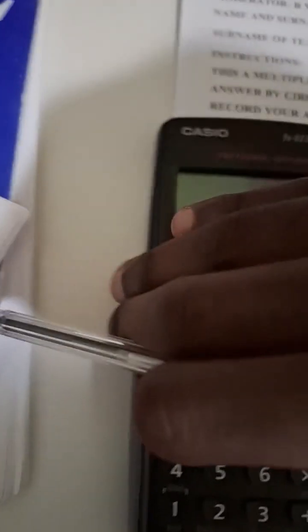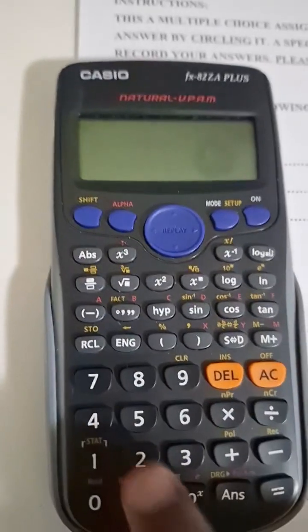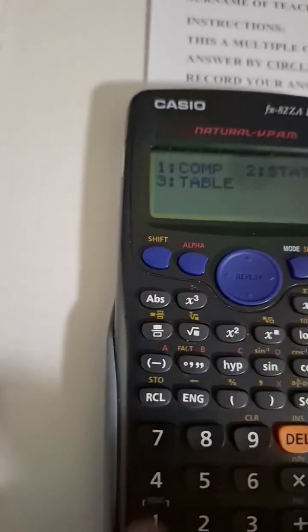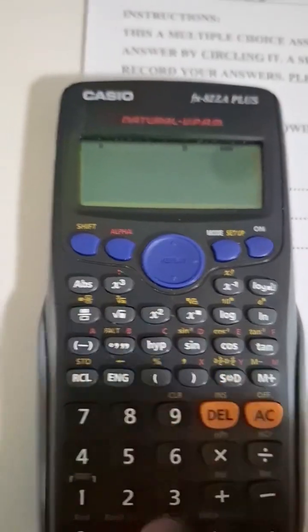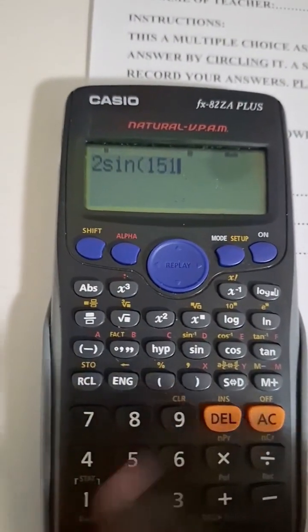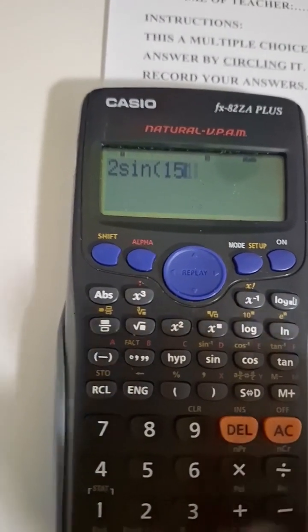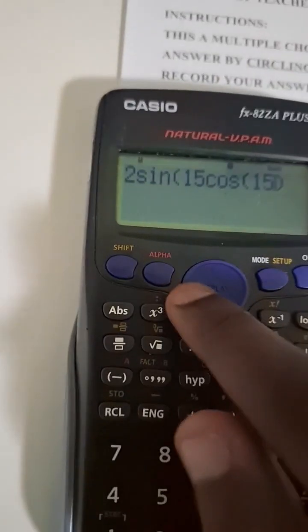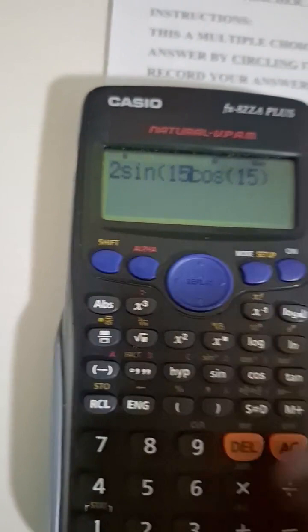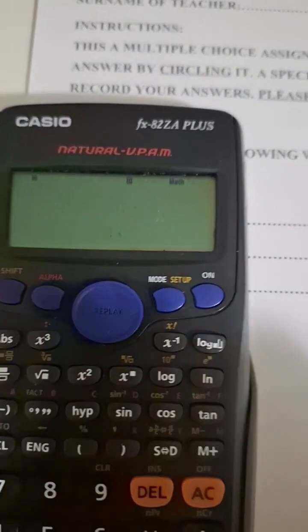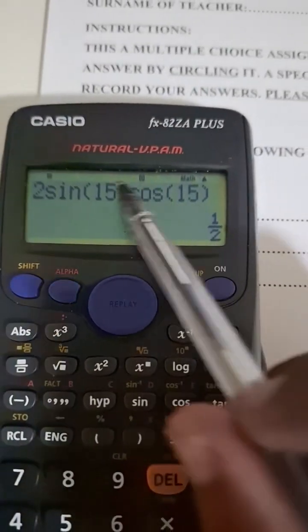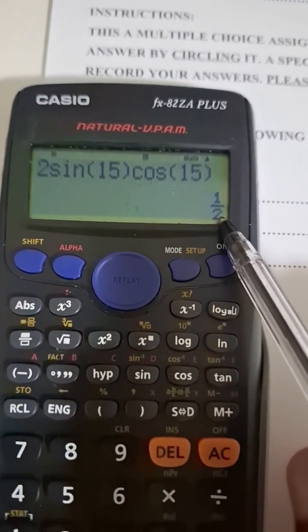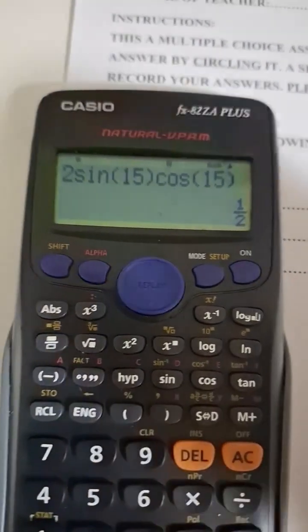Someone will just change the mode, type 2 sine 15 cos 15, and write the answer. That's not what they want. They want us to show steps.